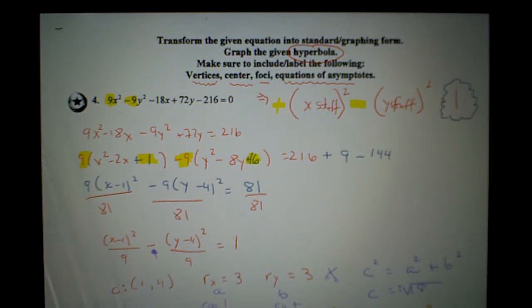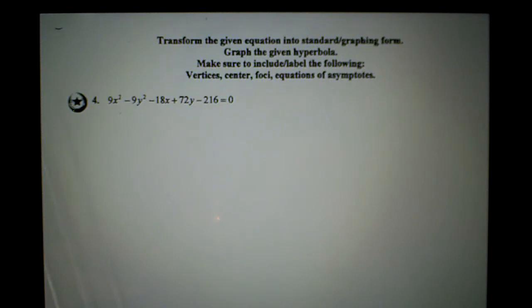So we're going to take all of this information. I'm going to erase this screen in a sec. Take all this information and we're going to graph our hyperbola. So I'm going to make all this go away, and then I'm going to write some of that information on the top. So we found, from our graphing form, that our center was 1, 4. Our x and our y were both 3.